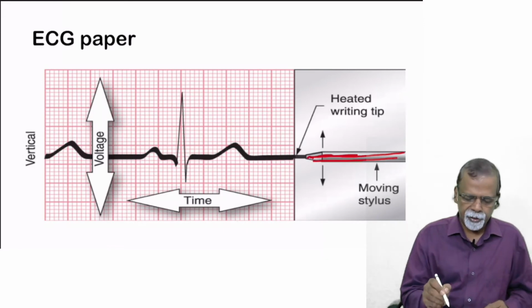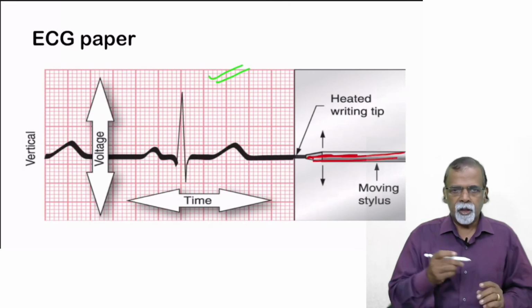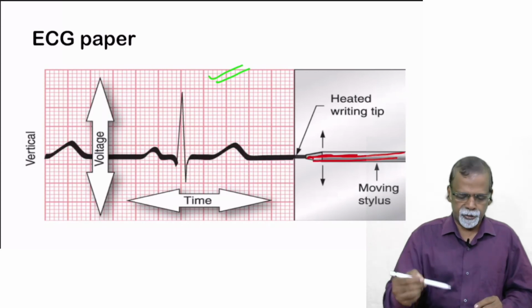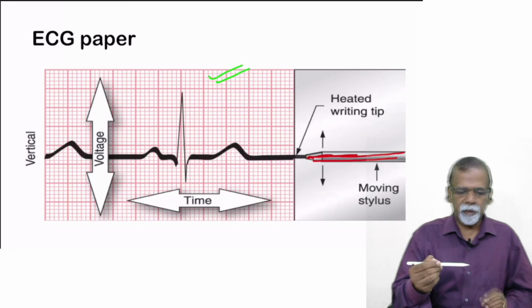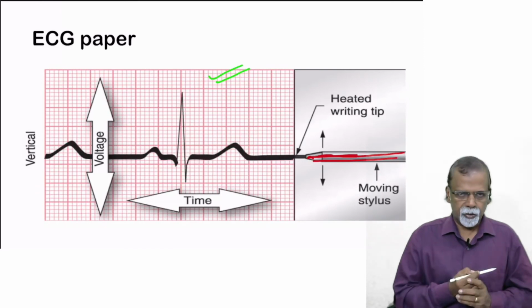This ECG paper is nothing but graph paper coated with wax. Once the heated stylus is moving, it will be producing electrical activities like this. If there is no electrical activity, the stylus will remain fixed, and the paper is moving, and you will get an isoelectric line. Hope it is clear.